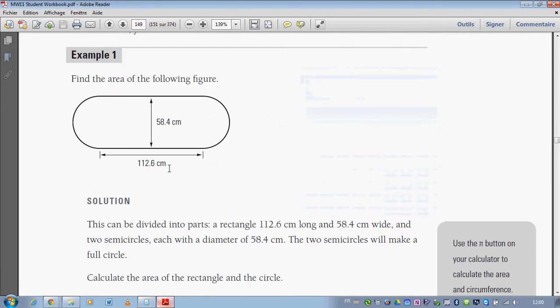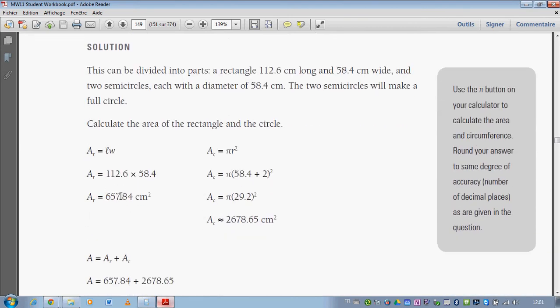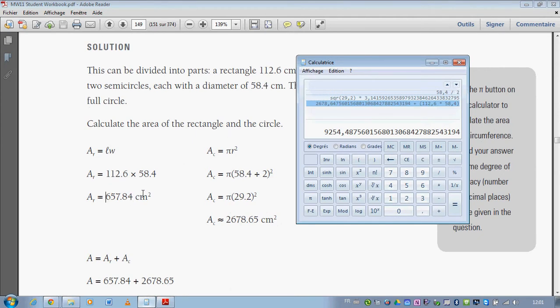112.6 centimeters times 58.4 centimeters does not give you 657.84 centimeters squared. Yeah, that actually should give you 6,578.4.